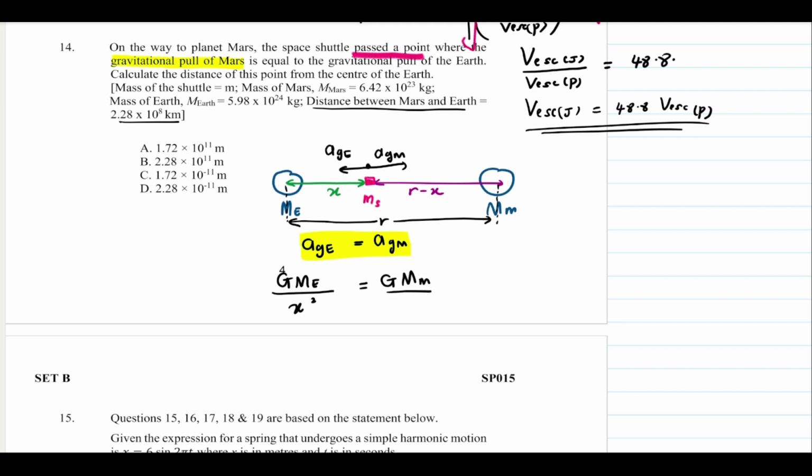Okay, mass of the Mars, and then R minus X, distance between space shuttle and the Mars. Okay, R minus X squared. Okay, constant ni kita boleh cancel out.